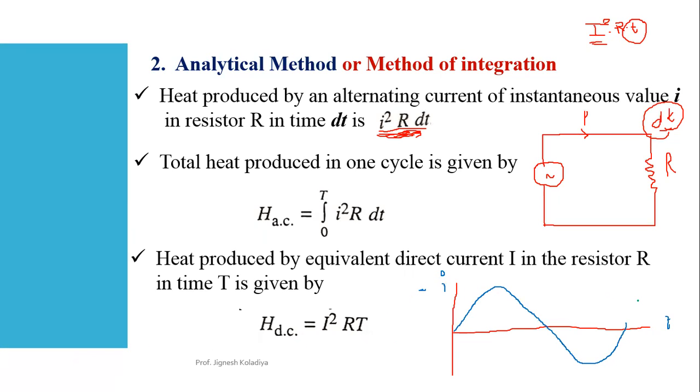Now out of the total cycle, first of all, what I'm taking? Instantaneous value. This i is nothing but the instantaneous value of this particular duration. Right now I'm considering only this area, which is having time period dt, and over here I'm getting current i. This is 0 to 2 pi, means total time is up to T.